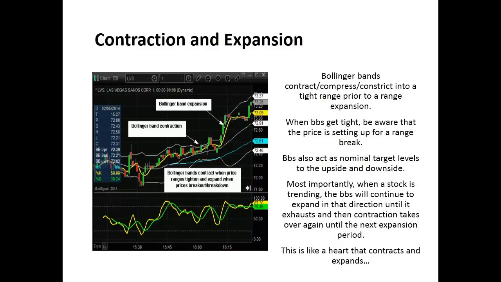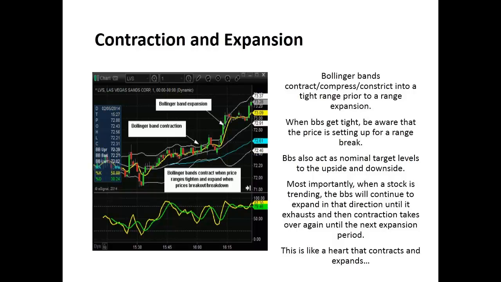Knowing that Bollinger Bands will contract and expand, contract and expand, when you know that an expansion is coming, which means you have the tightness, it's range bound, then expect some type of a breakout or a breakdown. So Bollinger Band contraction and expansion.